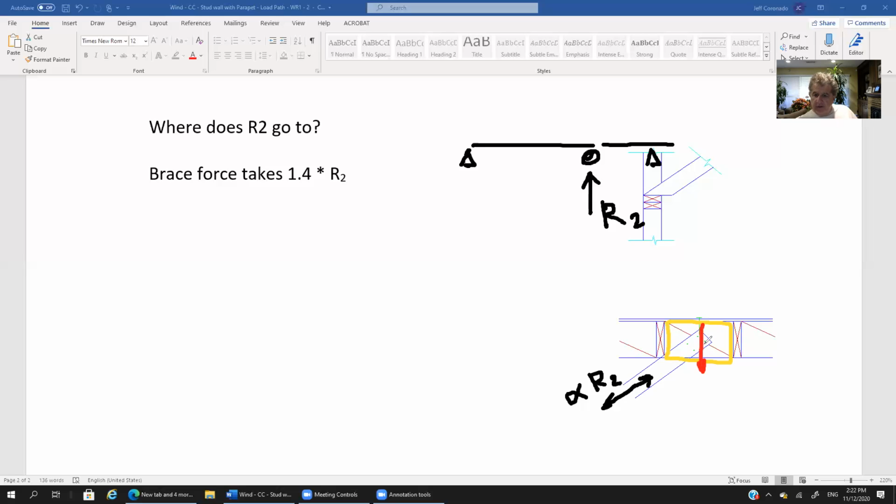Again, the force in the brace has a vertical component to it, as well as a horizontal component to it, right? Let me clear off the block, and let me zoom in a little bit.